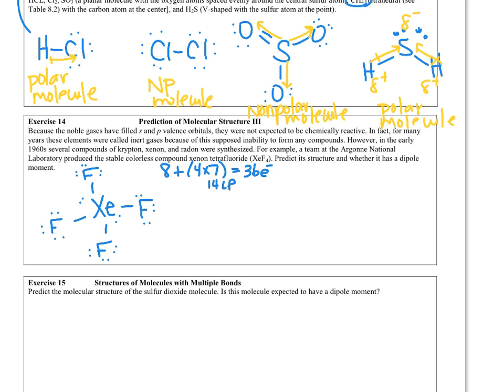So when we look at this structure, in terms of what our shape is, we have those lone pairs on the center. So for electron geometry, we would say that this is octahedral because we've got 6 pairs of electrons somewhere around the center. So that's an octahedral electron geometry.